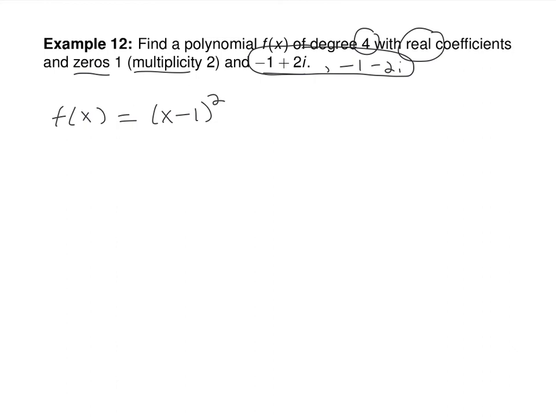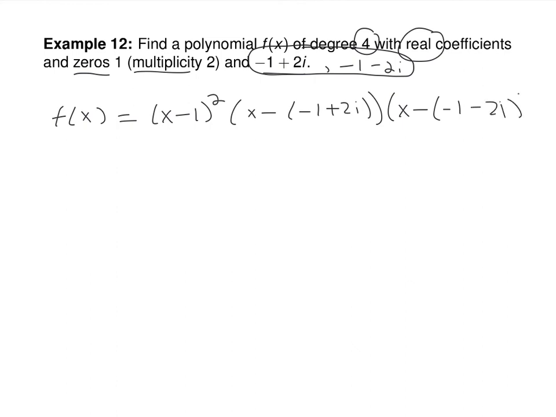So for the first 0, your factor is x minus the quantity -1 plus 2i. Does that make sense? What's the second one? x minus 1 minus 2i.